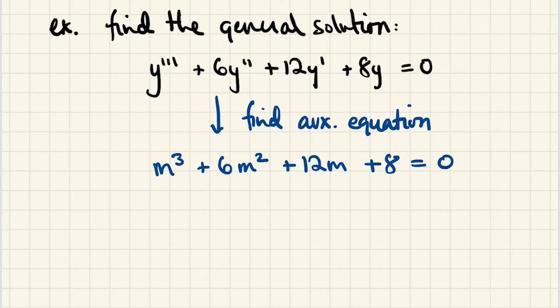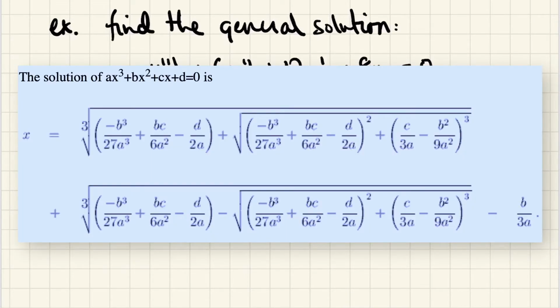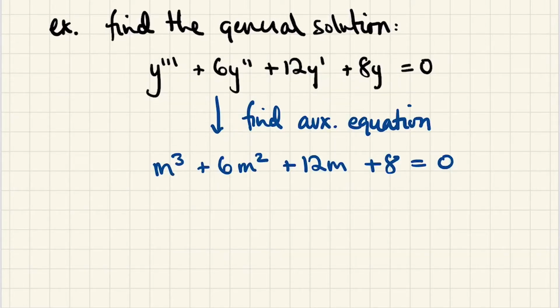Okay, well, how do we solve a third degree polynomial equation? There actually is a formula for this. It's called Cardano's formula, but it's so complex that nobody really ever uses it in practice. So the trick is you're just going to have to try and factor the thing, and there's usually a way to get it to work.